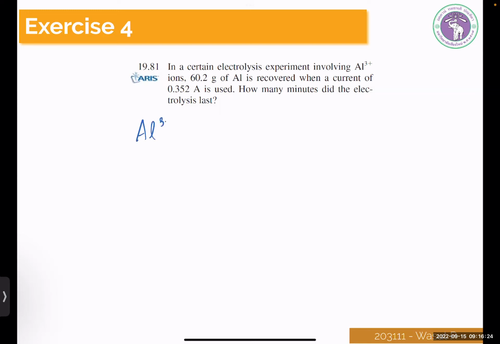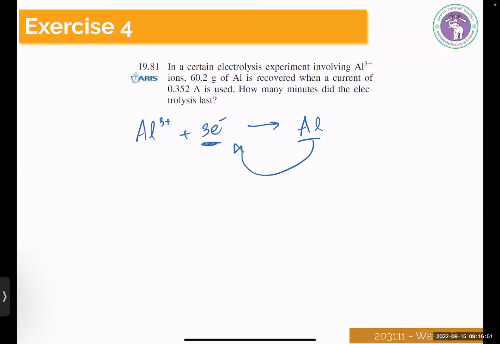Well, we know that aluminum 3+ has to accept 3 electrons to become aluminum, so there are 3 moles of electrons involved in this reaction. So you can just use stoichiometry to convert the moles of aluminum into moles of electrons.